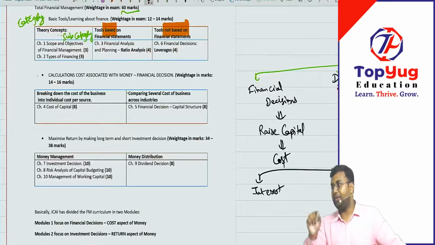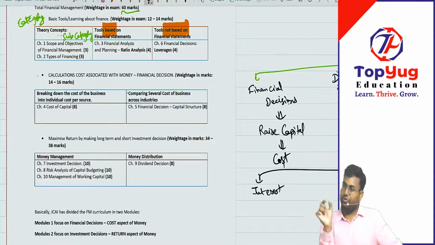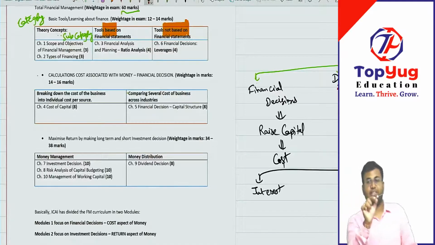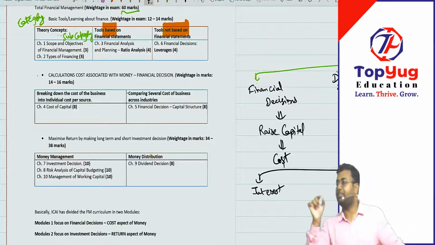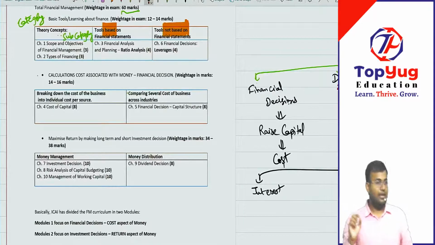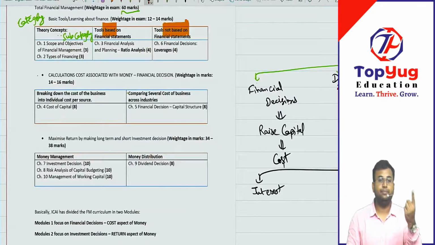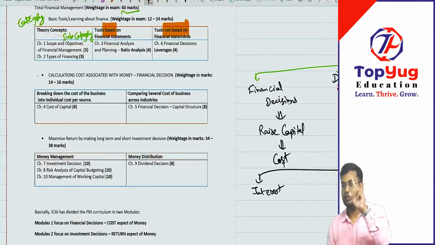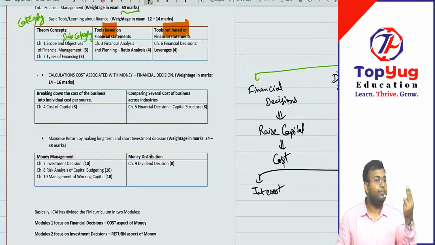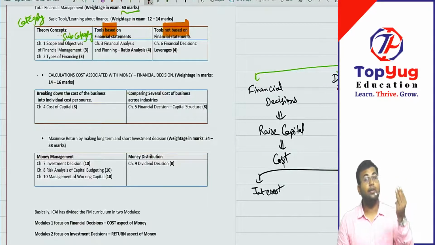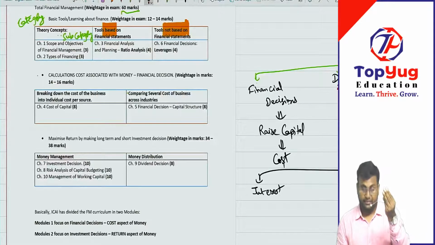Structure itself, capital ka structure. You are going to structure your capital: this percentage of this capital, this percentage of that capital, right? Just to give you a brief, we are going to discuss only three forms of capital. Equity. You know what is equity? Everybody knows what is equity. Preference and debt.